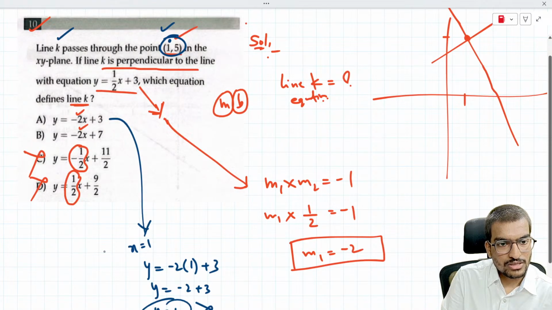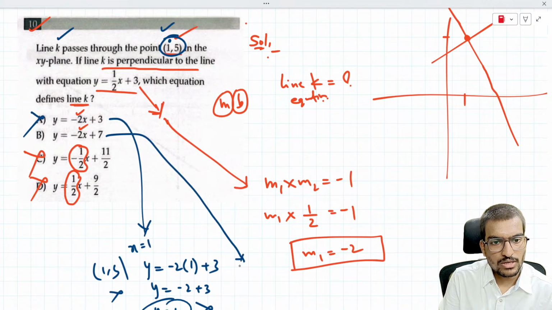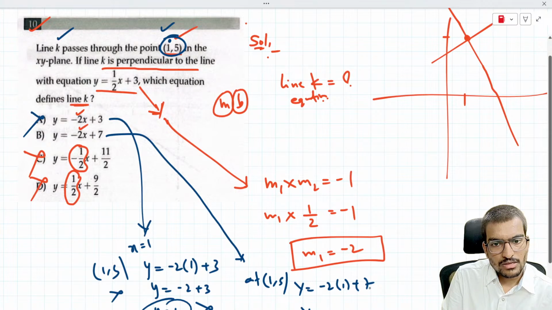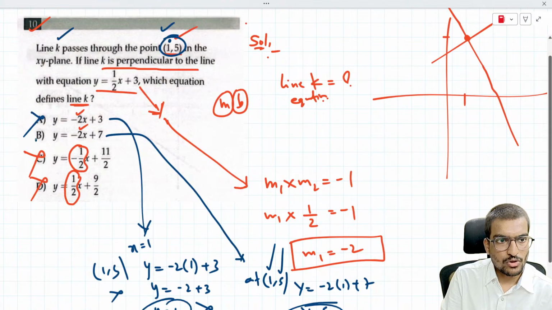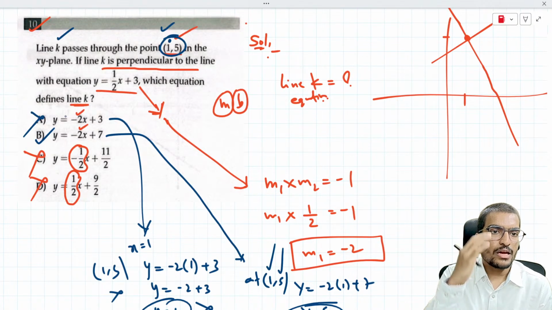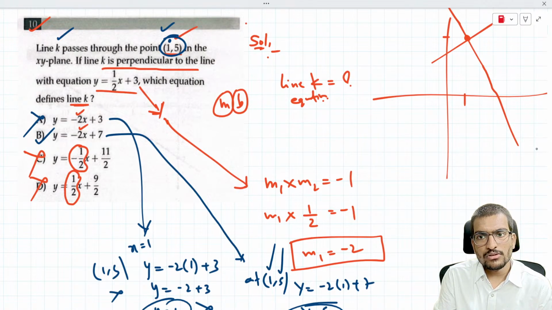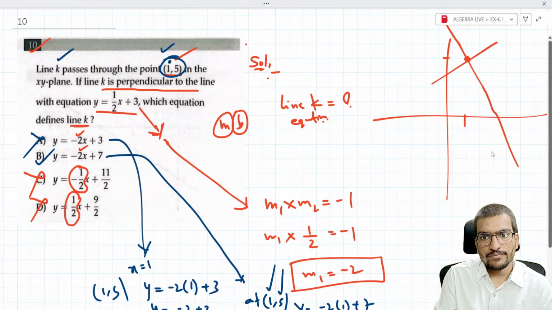No, the point is actually (1, 5), so it's not satisfying option A. If you check option B at (1, 5), y equals -2 times 1 plus 7, which is -2 plus 7, y is 5. Yes, when x equals 1, y is 5. So it's option B. First try to find the slope, then pick any option and use the remaining information with it to get the right option. No need to solve in a traditional way.